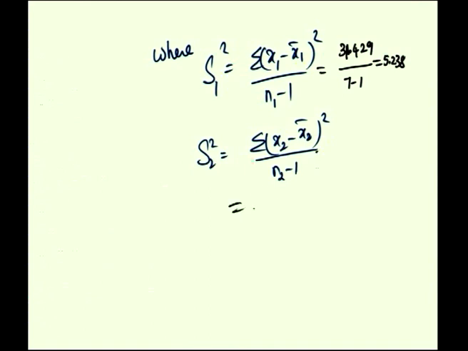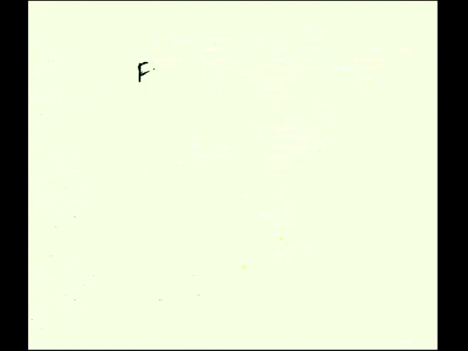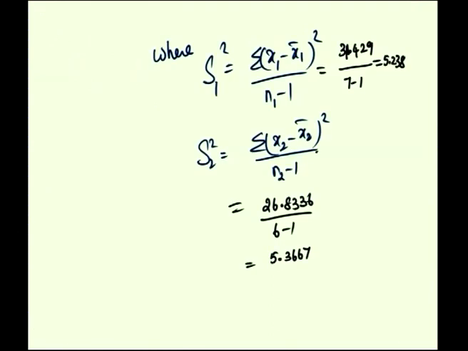Similarly, x2 minus x2 bar whole square divided by n2 minus 1 is 26.8336 by 6 minus 1, which is 26.8336 by 5. This value is 5.3667. Now, we shall calculate F. Which is greater, 5.238 or 5.3667?